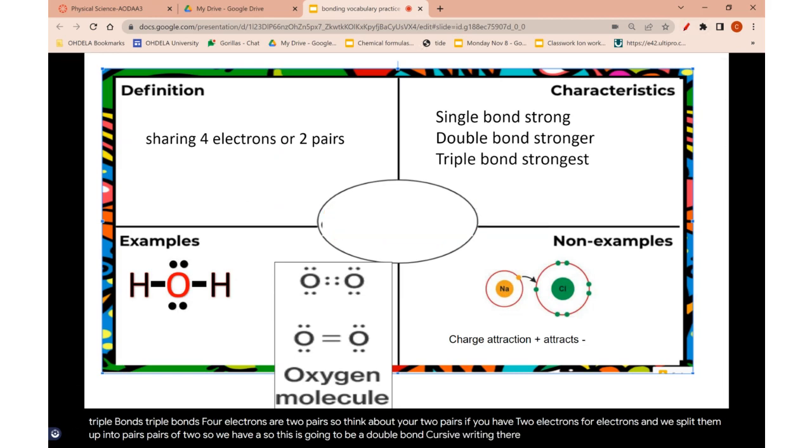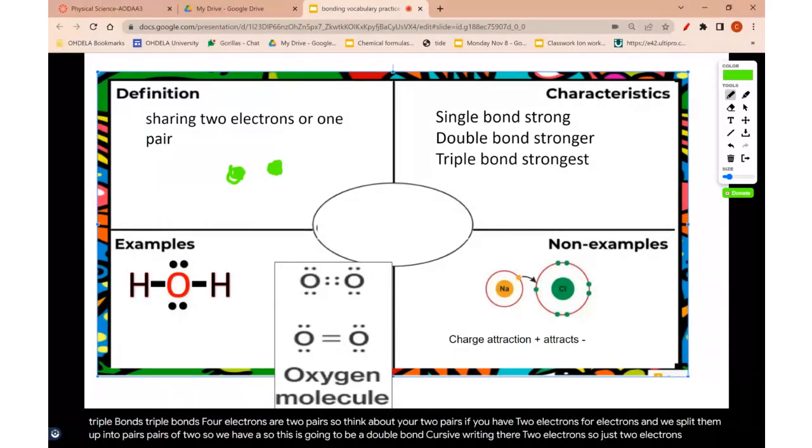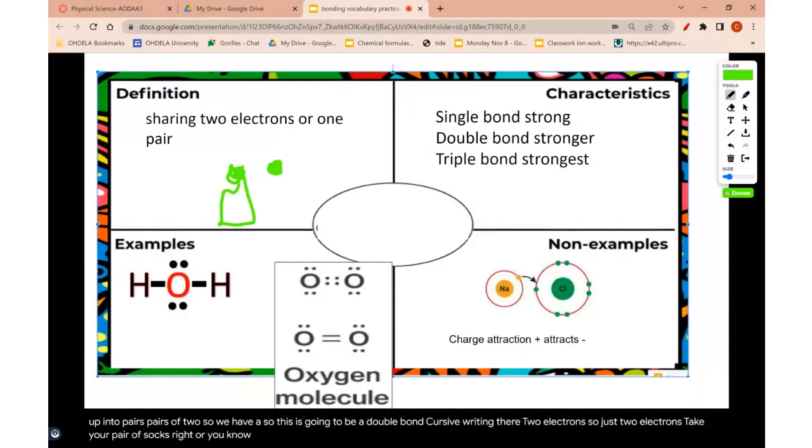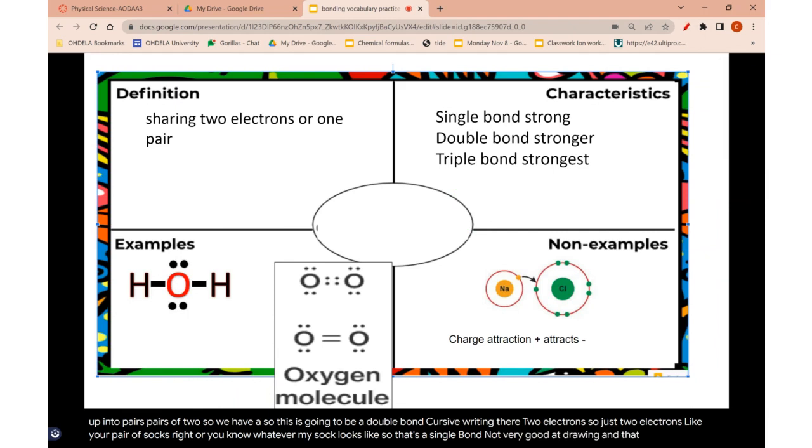Two electrons, so just 2 electrons, like your pair of socks, right? So that's a single bond.